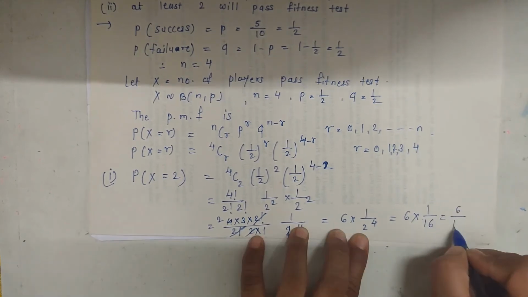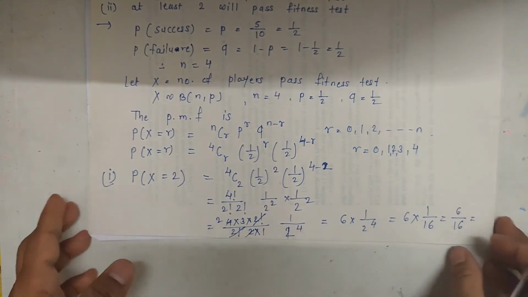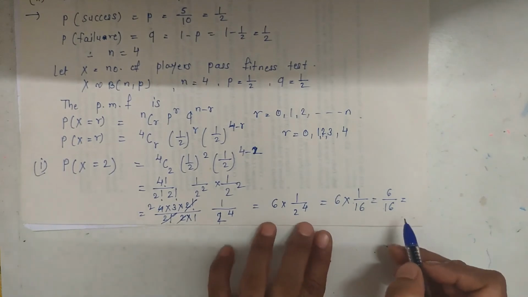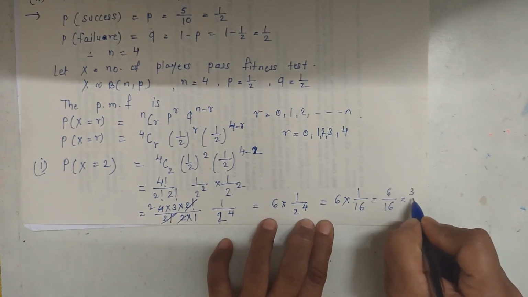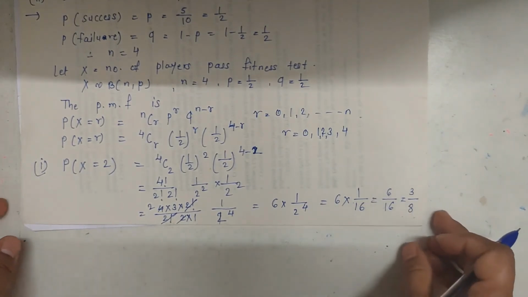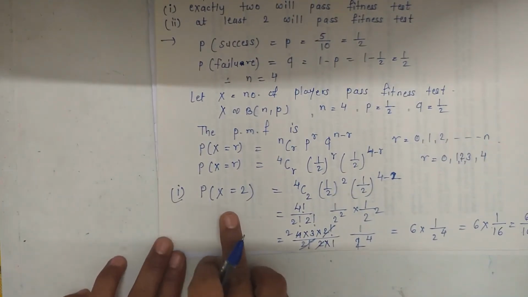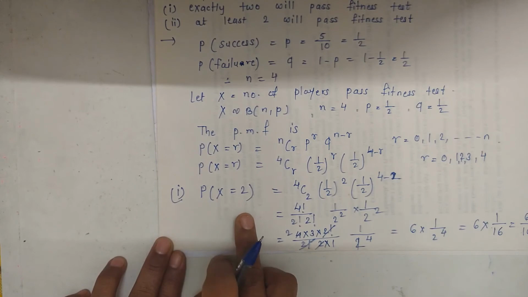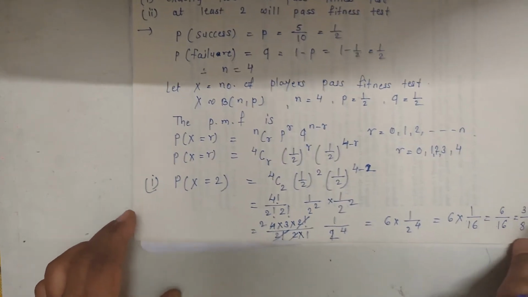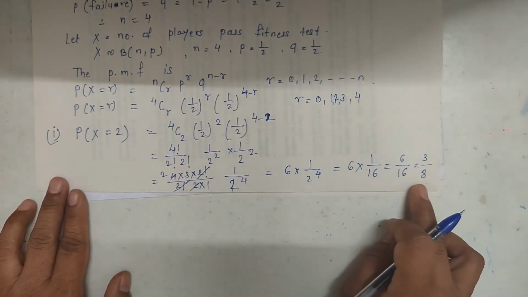So 6 by 16 in the shortest form, dividing by 2, is 3 by 8. So the probability for x is equal to 2 is equal to 3 by 8.